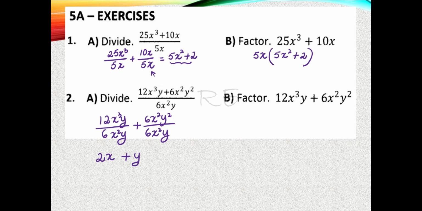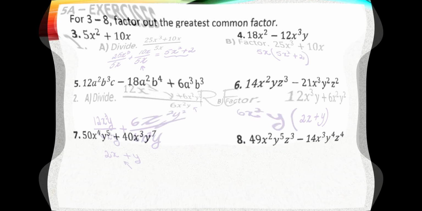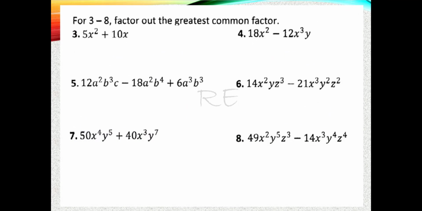X squared divided by x squared, 1. And y squared divided by y, y. So to factor 12x cubed y plus 6x squared y squared, we multiply 6x squared y, the divisor, by the quotient, 2x plus y.